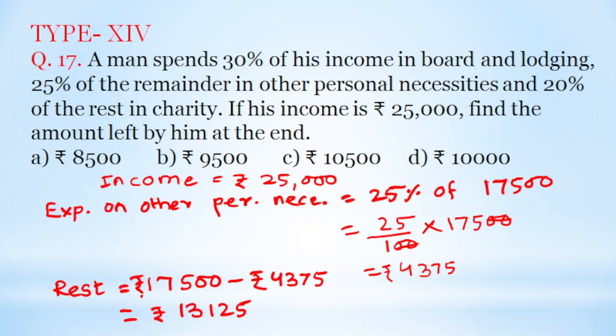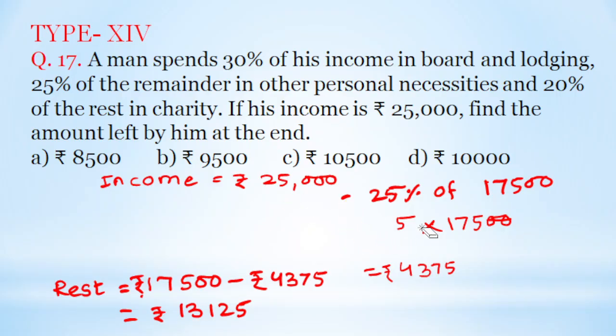Now rest is 13,125. So here the man spends 20% of the rest on charity.